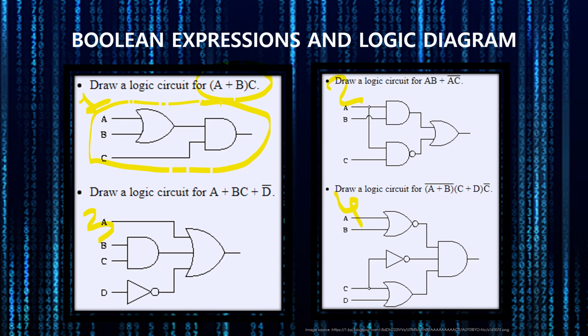I have the expression A plus B dot C and its logic diagram. After I show you how to draw the first, you have to draw the logic diagrams for 2, 3 and 4 on your own. That will be your activity.